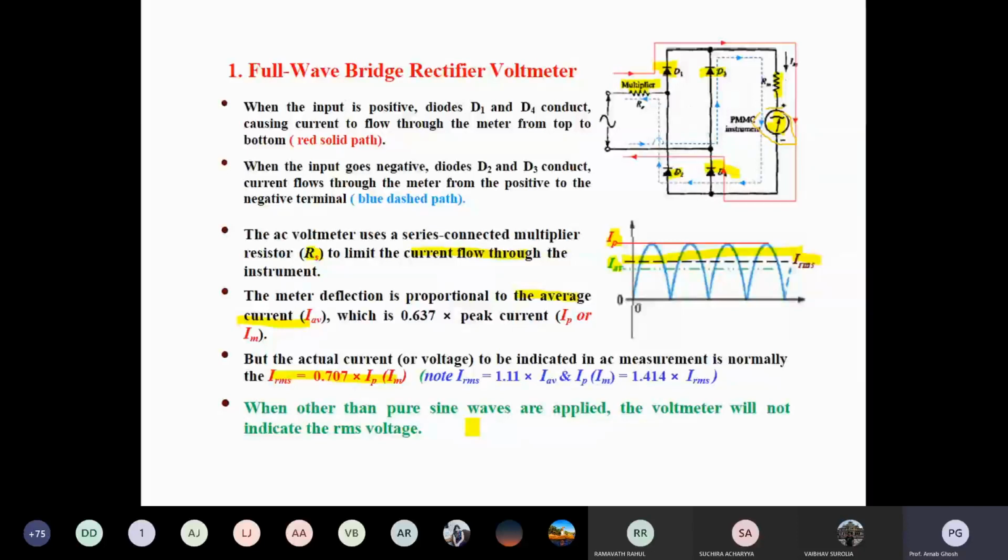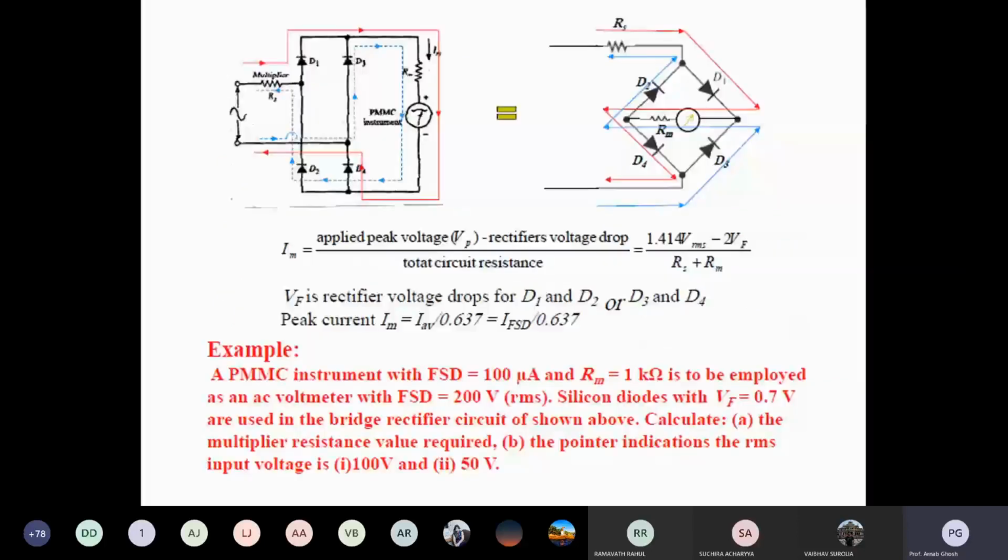Normally it shows the average voltage, and you can directly get the relation of average voltage with the RMS voltage, and you are able to measure the voltage by using a full wave bridge rectified voltmeter.